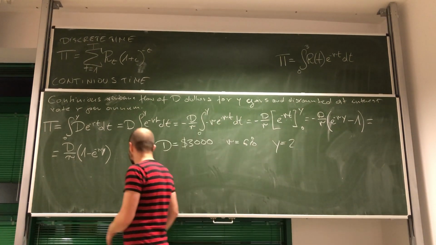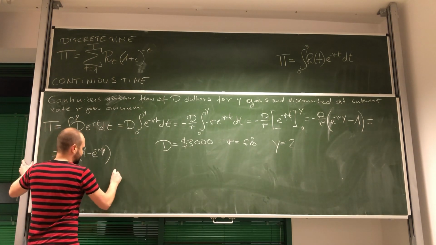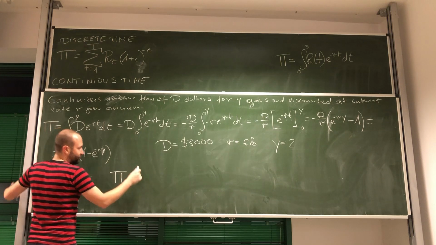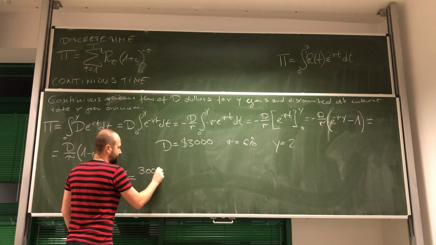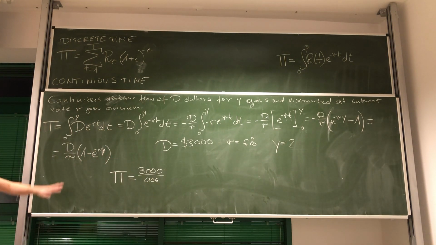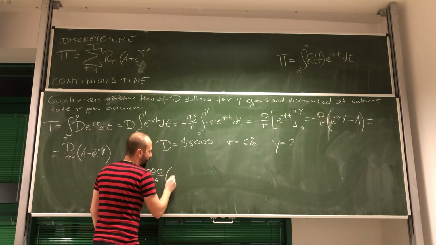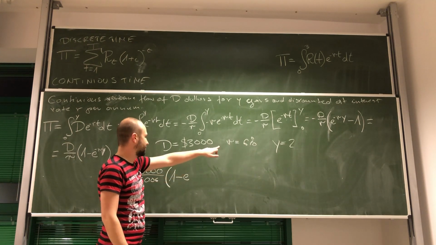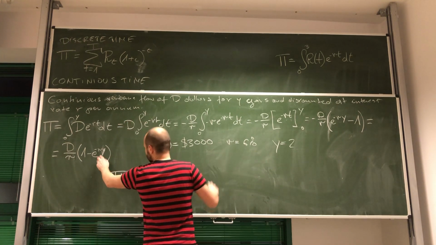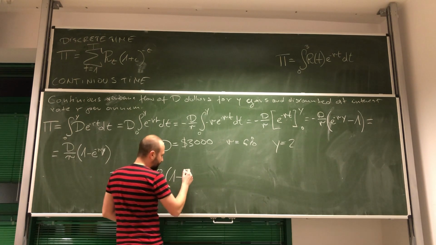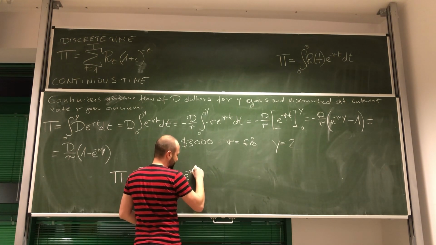So we've got that the present value of the cash flow in this case is equal to D, which is $3,000 over 0.06, which is 6%. Then we need to multiply this expression by 1 minus e to the power 0.06 times, right, because r, 0.06 times 2 years with minus at front, so to the power negative 0.12.